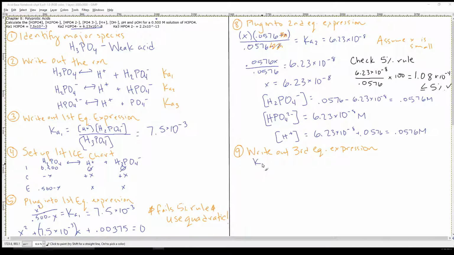So this will be Ka3 equals, I'm using this guy over here, H plus PO4 3 minus over HPO4 2 minus equals the number that they gave me up at the top, 2.2 times 10 to the negative 13. Once I write out this expression, I can start plugging into my ICE chart.